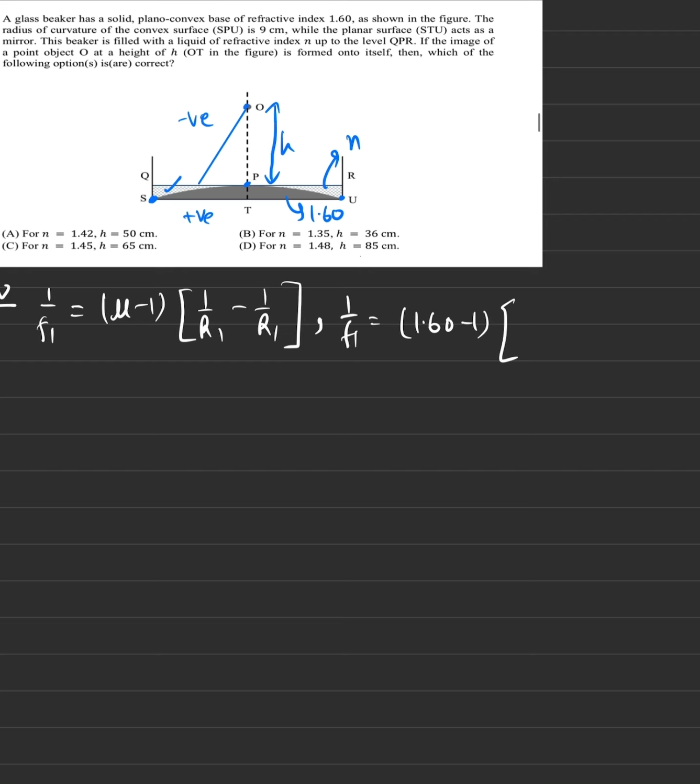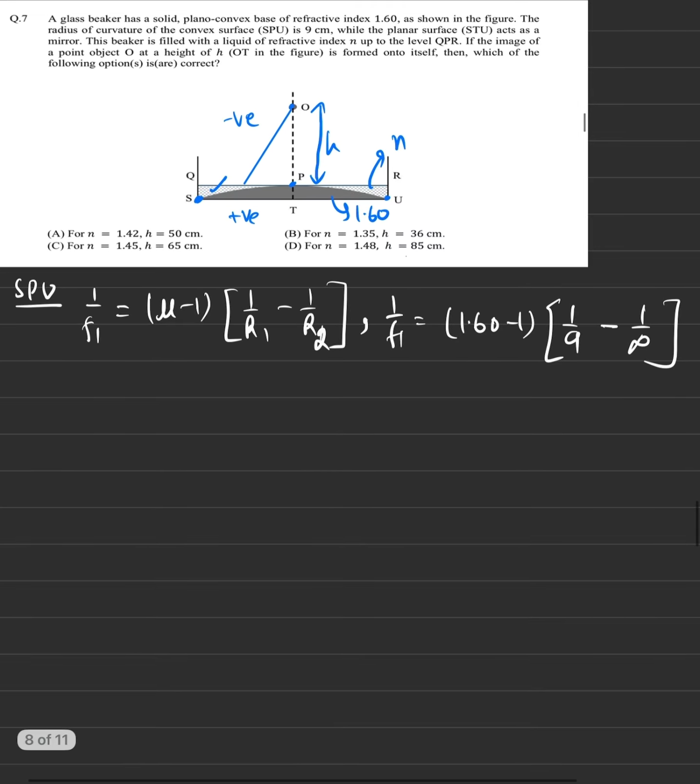According to the question, the value of 1 by r1 is 1 by 9, r1 is positive, and r2 is infinite, so 1 by r2 is 1 by infinity. So 1 by f1 will become 0.6 divided by 9, which we can write as 6 divided by 90.